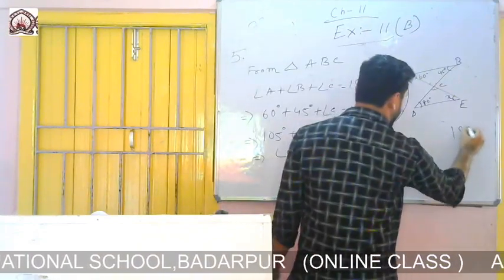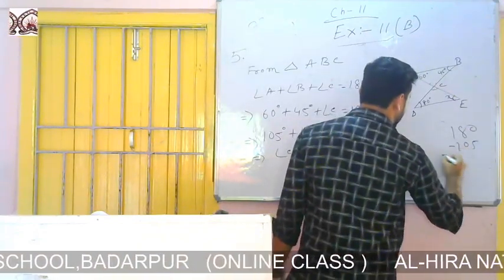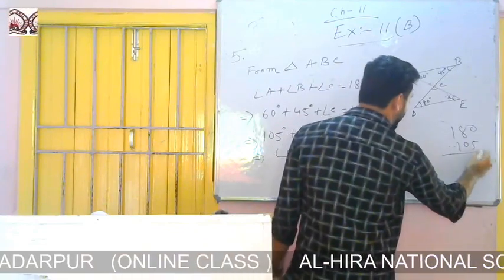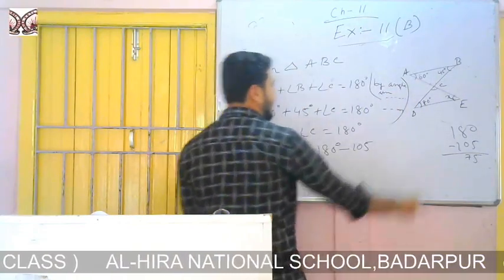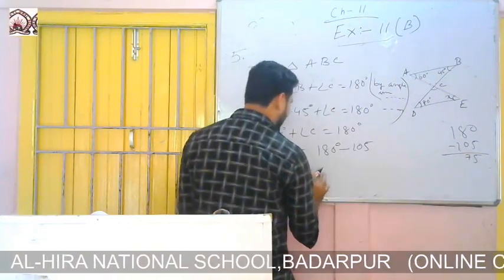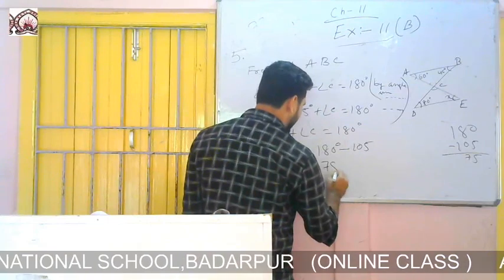Now we subtract 180 minus 105, then we'll get 10 minus 5, here remain what? 7. So directly I can write 7. And here 1 minus 1, 0. So you cannot write 0 on the left side, so 75 degree.